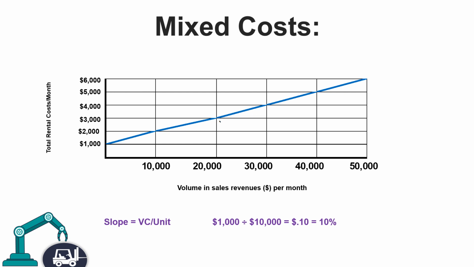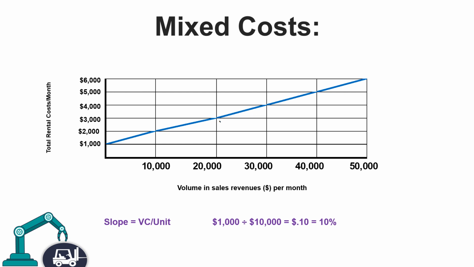And we can determine the slope by taking any 2 points on this line and looking at the rise over the run between those 2 points. If we look at the 2 points where it intersects the vertical axis, and this point at $10,000 of volume, the rise would be $1,000. It increased from $1,000 of cost to $2,000 of cost.